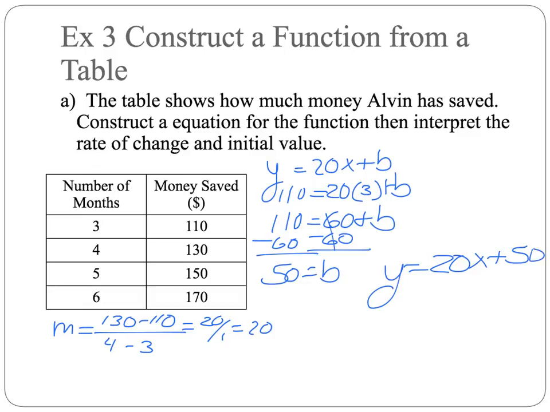So, we know by the labels in the graph that we have the number of months and the money saved. And hopefully you're noticing a pattern that to go from month to month, he adds $20. So the 20 is how much is saved each month.